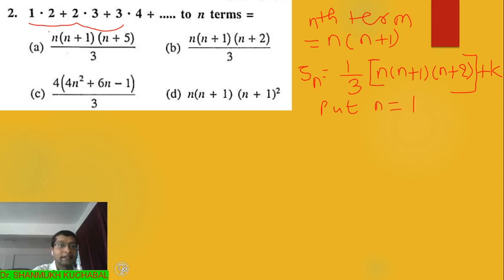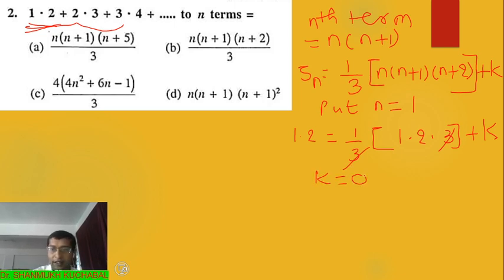Sn for the first term is 1 into 2, equal to 1 by 3 into 1 into 2 into 3 plus k. Here 3 and 3 cancel, and if we simplify, we get k as 0, and I call this equation 1. So in equation 1, we substitute the value of k equal to 0.